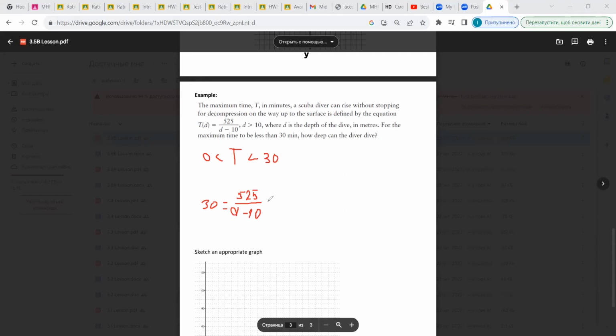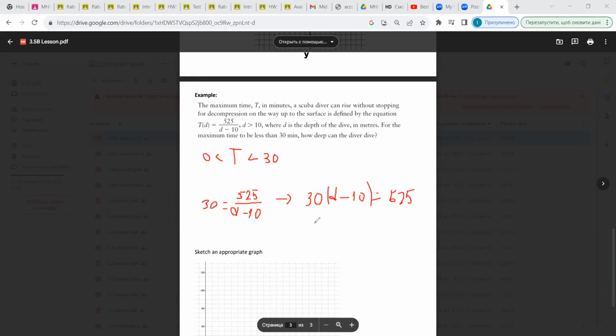Next step. So what we can see here. Let's find the depth from this equation. In order to do that, I will perform a simple mathematical operation. I'll multiply the left and right hand sides by d minus 10. 30 times d minus 10 equals 525.